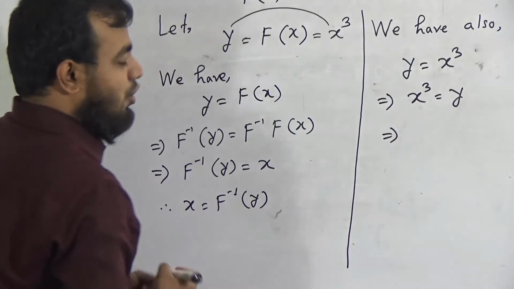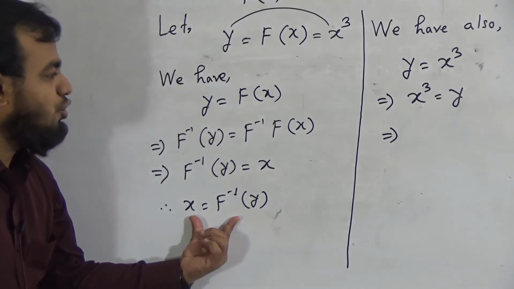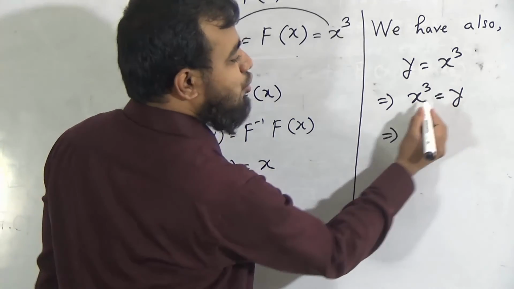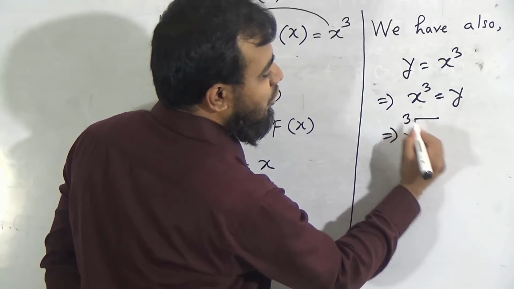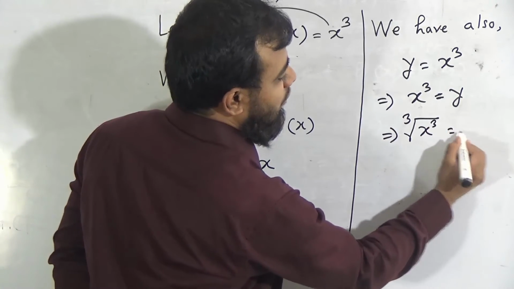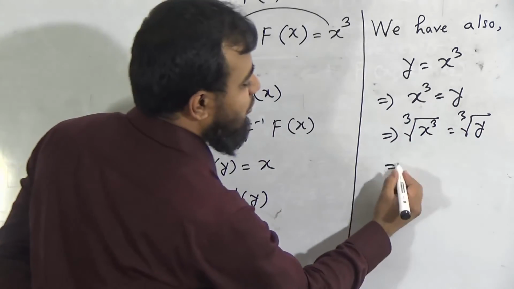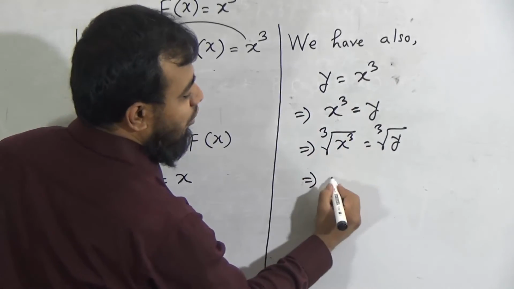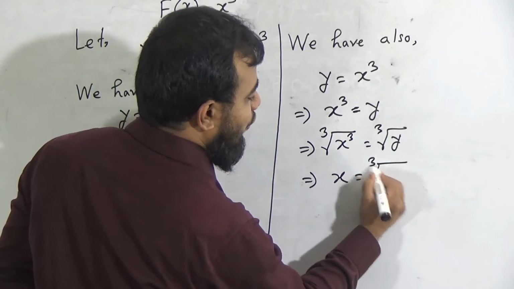Now we are going to find the value of x, because we want the value of x. To calculate the value of x, we need to omit this cube. That is why we should take the cube root on both sides. Okay, cube root we have taken. Now cube and cube root will be omitted. That means on the left side we have x, that's equal to cube root of y.